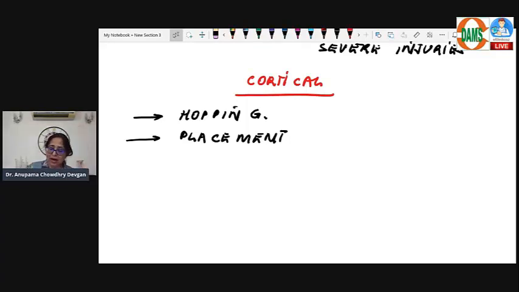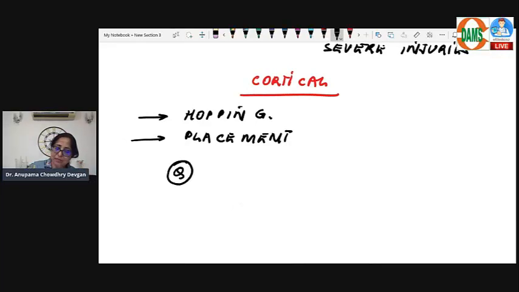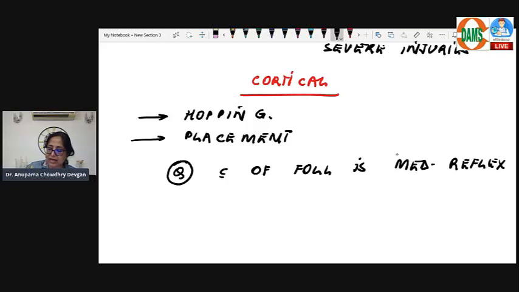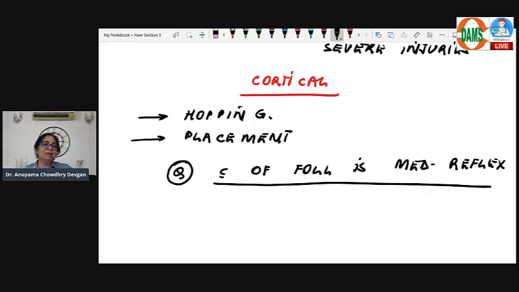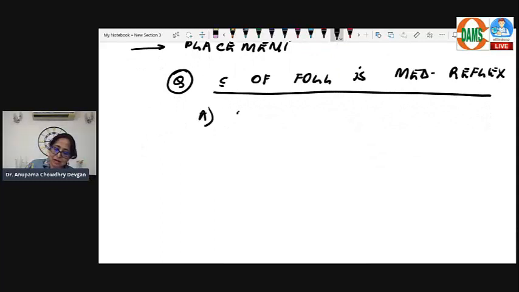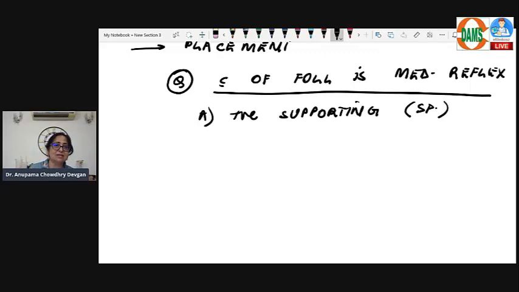So the cortical reflexes are hopping and placement reactions. Let's see one last question for the day. Which of the following is a medullary reflex? This is a question which has been asked in your NEET exam. A, positive supporting reaction. This is spinal. This is not a medullary reflex. This is centered in the spinal cord. B, righting reflexes. Righting reflexes are mainly midbrain.